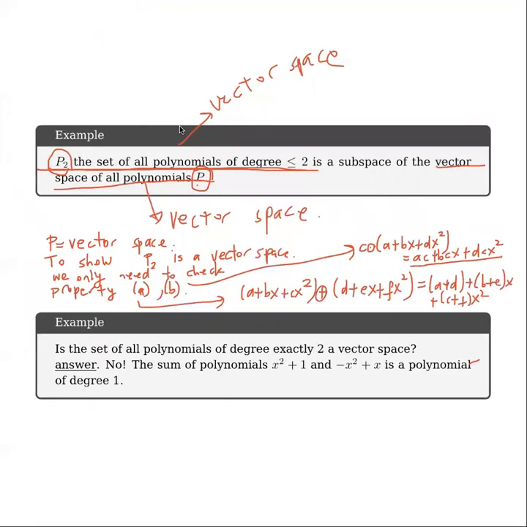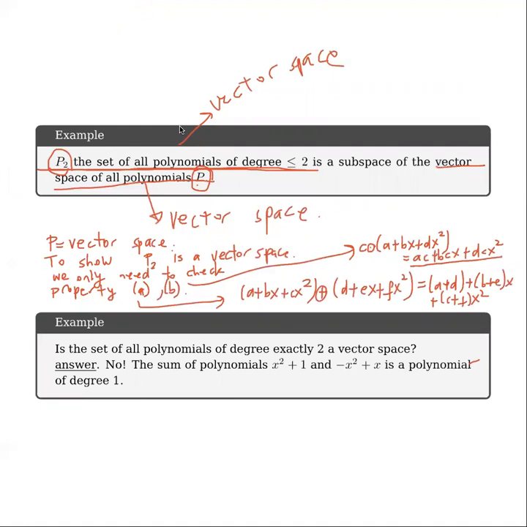So here we check that the sum of two polynomials of degree less than or equal to 2 is a polynomial of degree less than or equal to 2, and the scalar product of a scalar with a polynomial of degree less than or equal to 2 is a polynomial of degree less than or equal to 2. Okay.